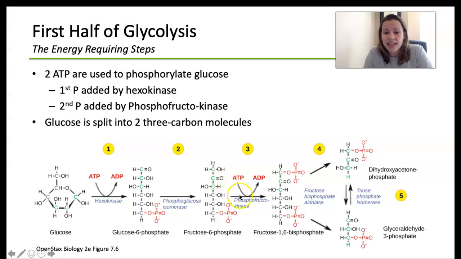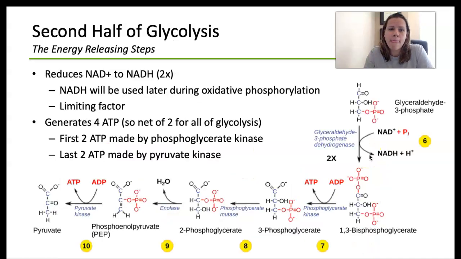A second phosphate is added by a different kinase, and then we end up with this 6-carbon molecule that has 2 phosphates attached. The original glucose gets split into 2 three-carbon molecules, and each of them has a phosphate on it. So we've used 2 ATPs in that process. Then the second half of glycolysis is an energy releasing step.